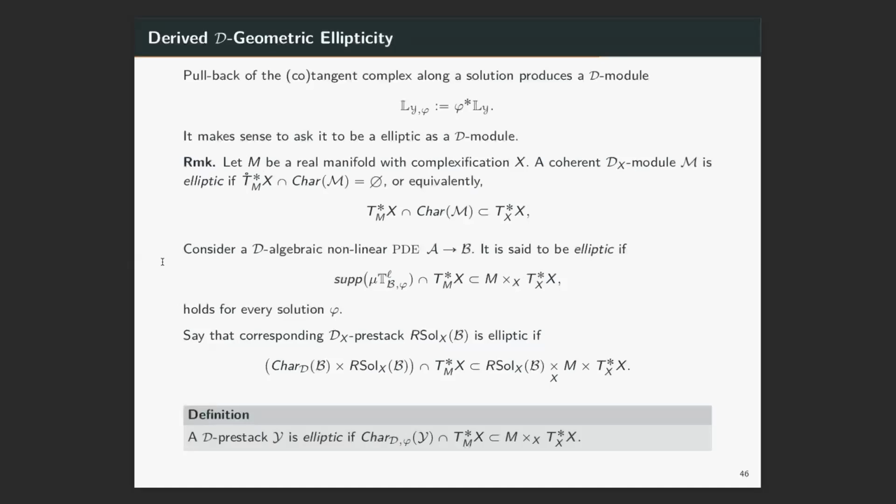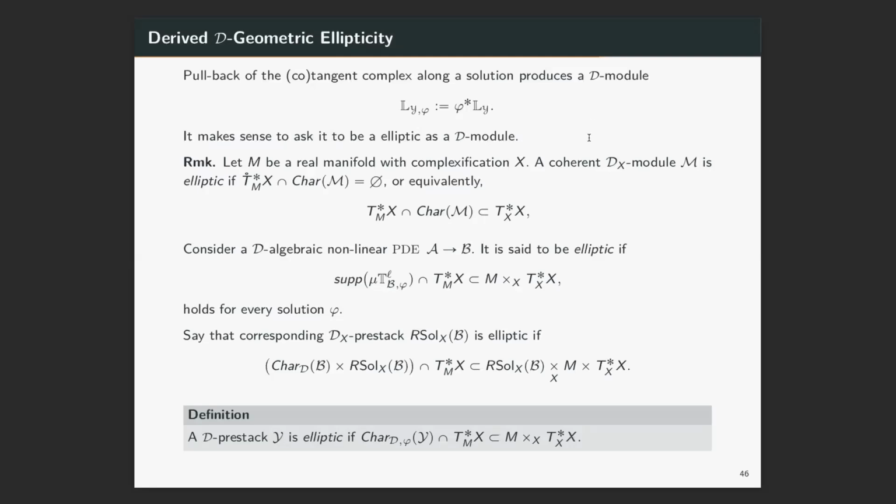The big point about this is if we have a cotangent complex, if it exists, we can pull back along a solution. So mind you, this is in the Kähler forms for an A-D module. So what is A? A was functions on Spec, well, the D space.